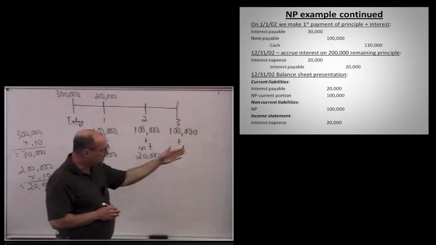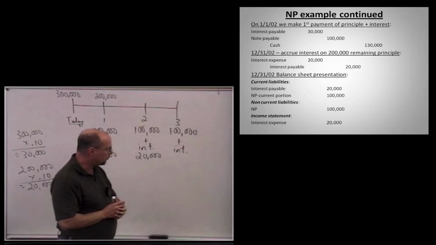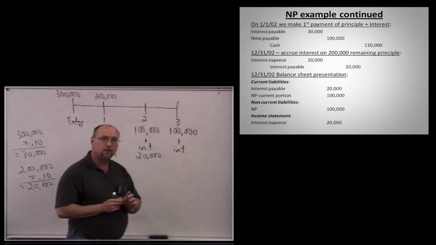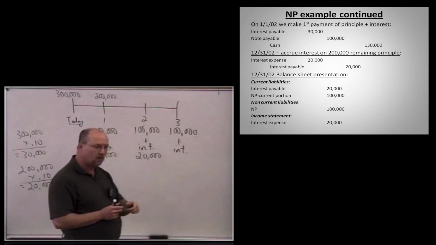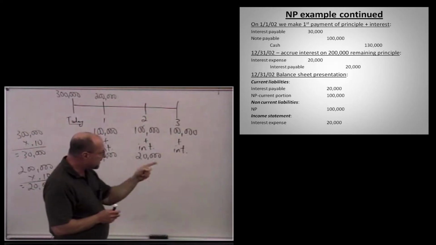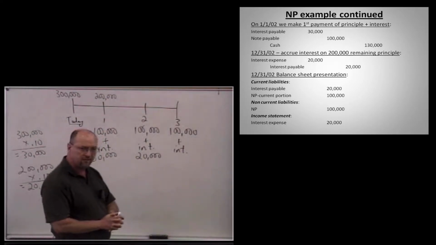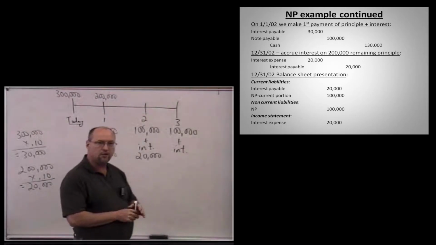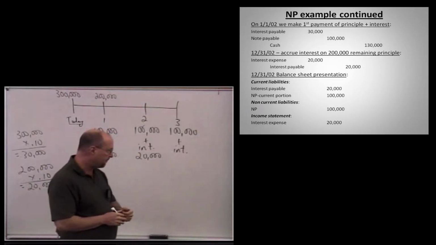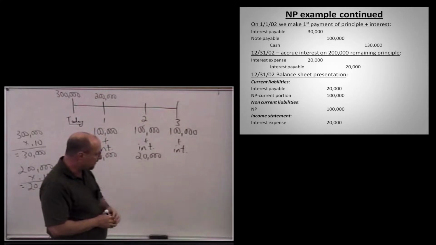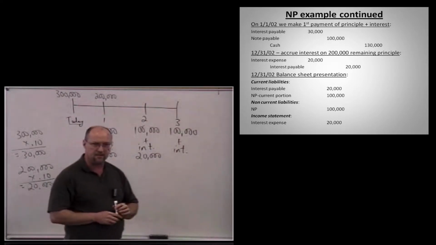Balance sheet presentation, interest payable current, $20,000. Note payable current portion, which is going to get paid tomorrow, $100,000. And then in the non-current or long-term section for liabilities, note payable $100,000, which is that third and final payment, which is due beyond 1 year. On the income statement, I would report interest expense of $20,000.